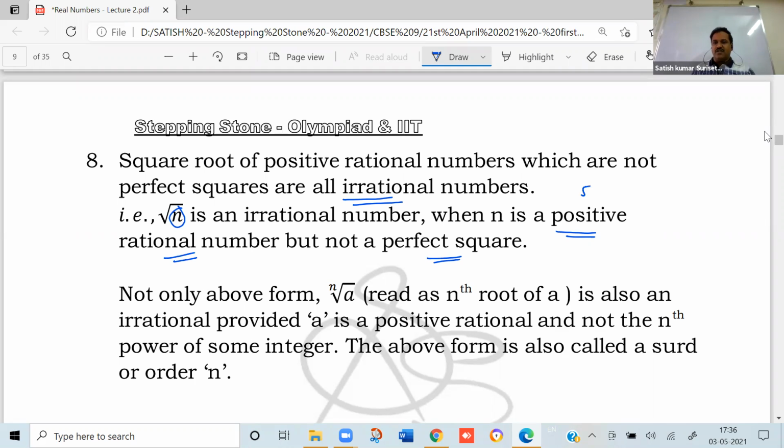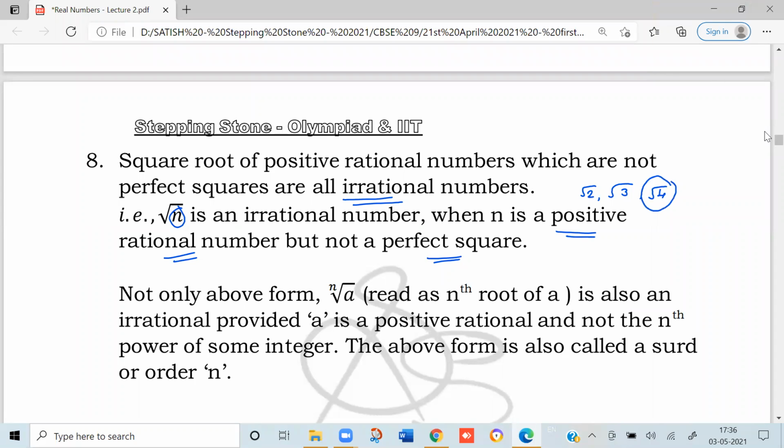That means root 2, next root 3, because 3 is also not a perfect square. Can I say root 4 is irrational or rational? Root 4 is rational, because root 4 equals 2, since 4 is a perfect square.